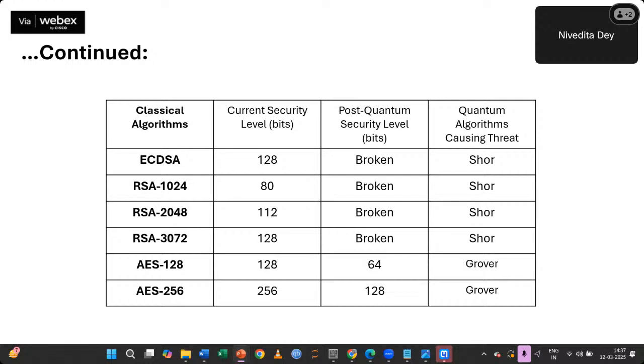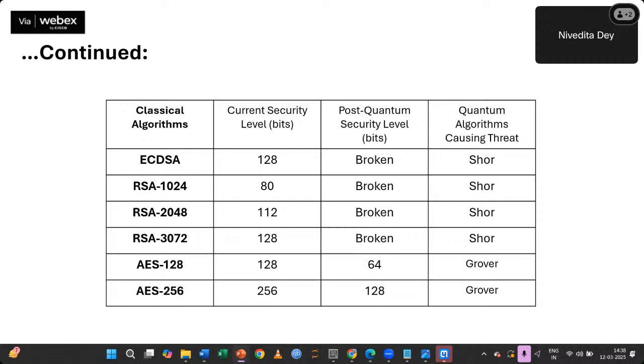That means it is already able to entirely break the crypto system. But Grover, what is it doing? Just consider the last two rows, AES 128 and 256. AES 128 actually gives me a search space of 2 to the power 128.